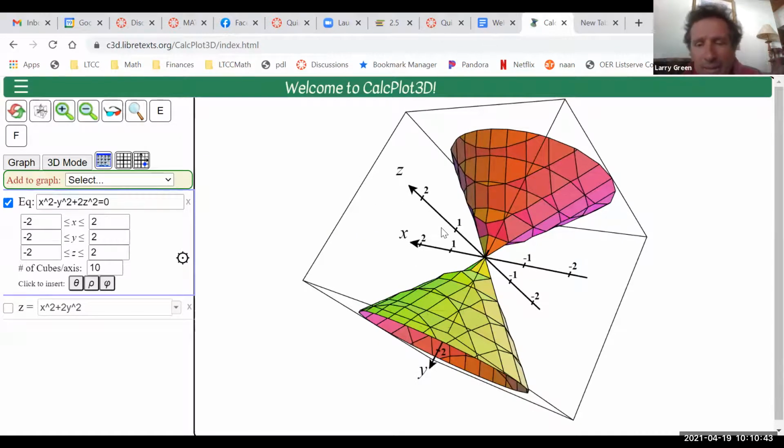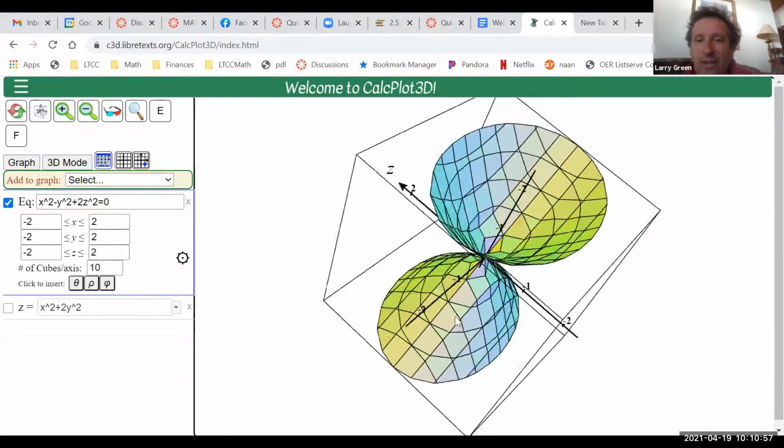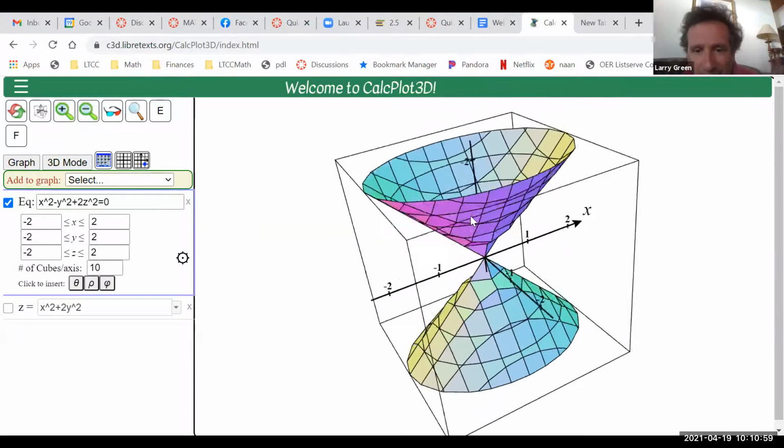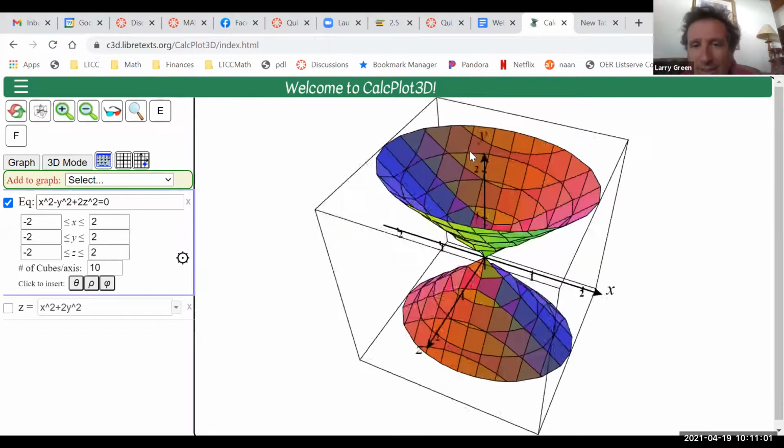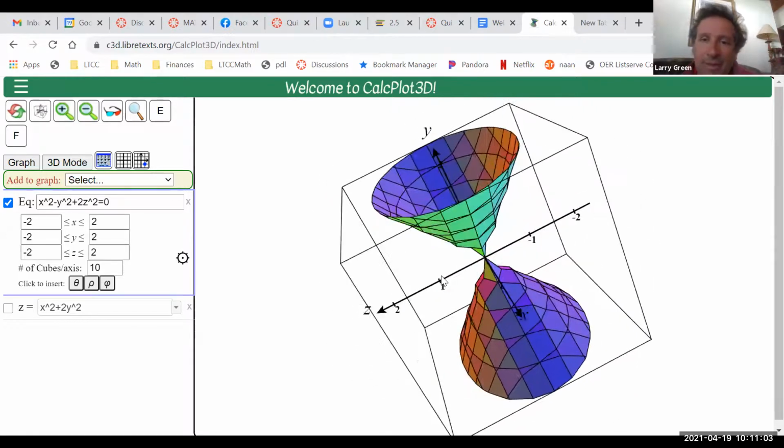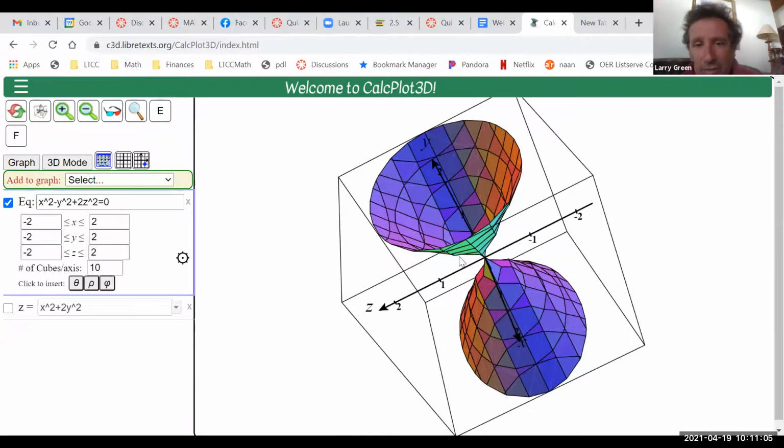Okay. It's different than an ice cream cone because it's got a top and a bottom, where ice cream cones only have a top. So you just got to get used to that. As a child, you learned a cone was only half of this, but it turns out a cone is all of it. Notice that the y-axis is what the cone rotates around. And that's got the negative.